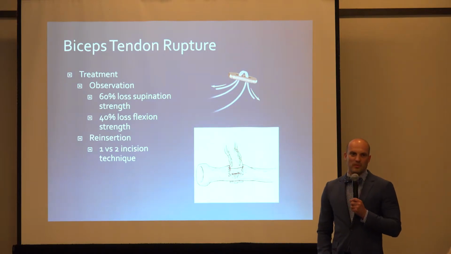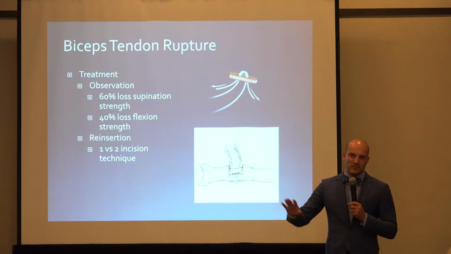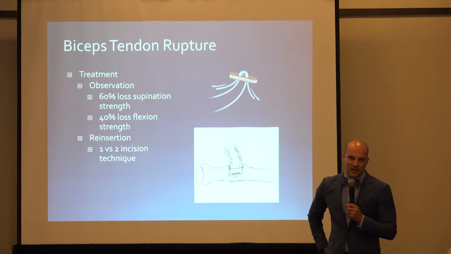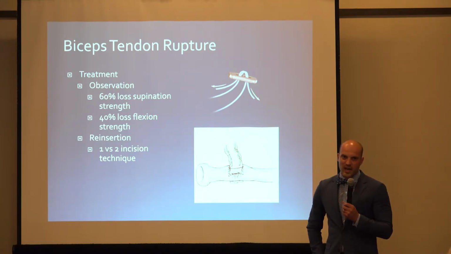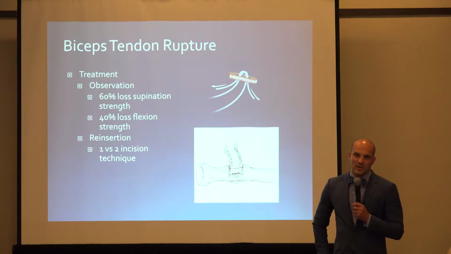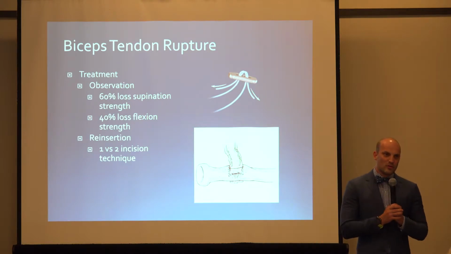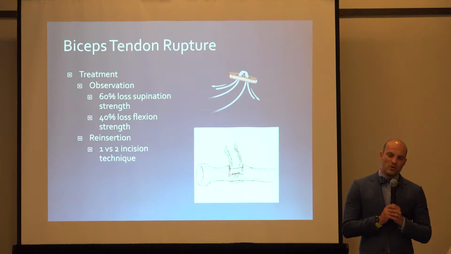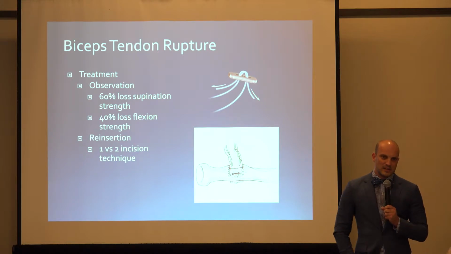Now the question is, do you have to repair them? Well, in this group of people in the workman's compensation area, the answer is yes, because these are all laborers who are working, usually heavy laborers. However, because you can still move your arm after it, if you're older and a low demand person, you don't necessarily have to fix them. That's the first thing I tell every patient when they see me. It doesn't have to be fixed.